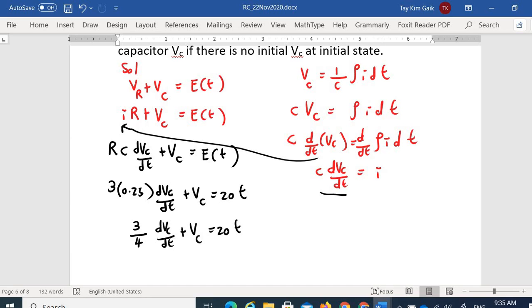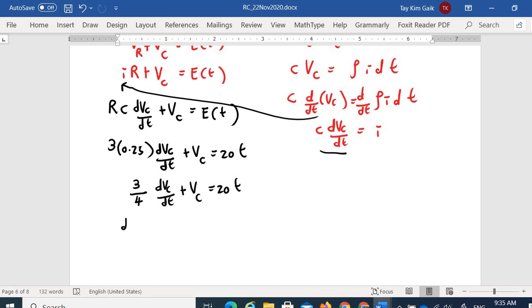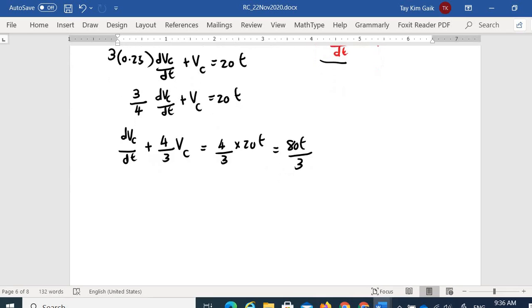Make the coefficient of the first derivative 1. So you get dVC dt plus 4 over 3 VC equal to 4 over 3 times 20t, which is 80t over 3. Again, the right hand side is not constant, so this is a linear equation.